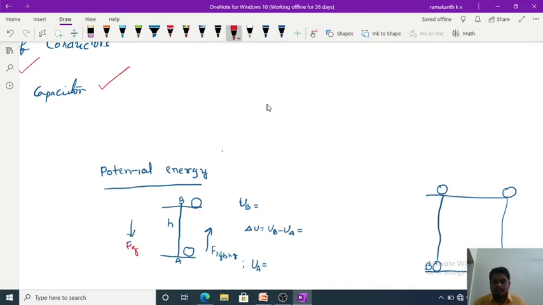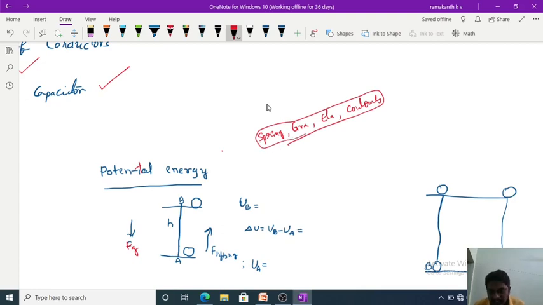When work is done by an external force against conservative forces like spring force, gravitational force, elastic force, and coulombic force, whatever the work done by the external agency will be stored in the form of potential energy.